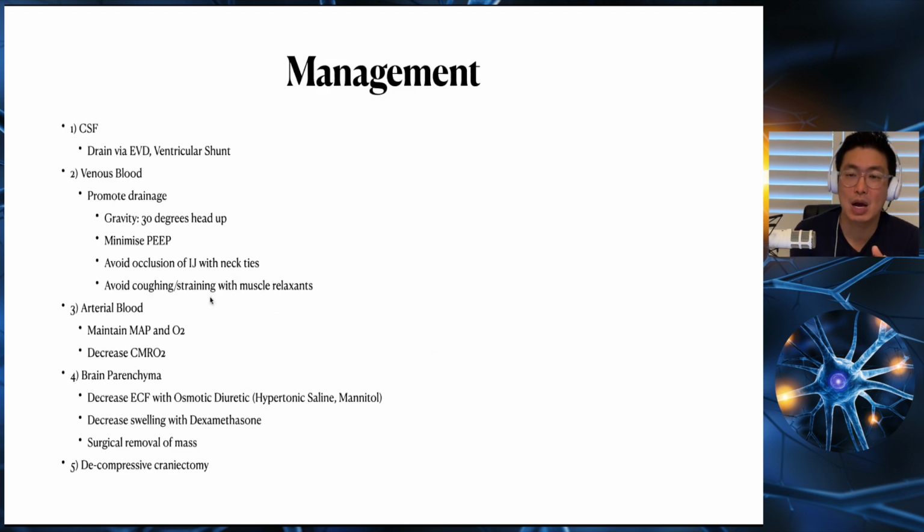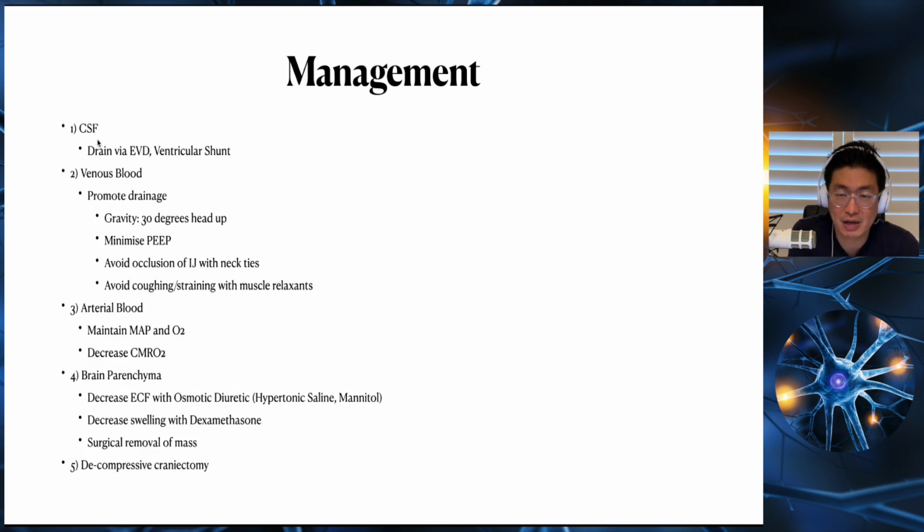Okay, now with the management, this one here, I would only add this in if you had time. All right, it doesn't really answer the question, but I think that it does give you a little bit of context in terms of what you can do to assist the physiological mechanisms to maintain ICP.